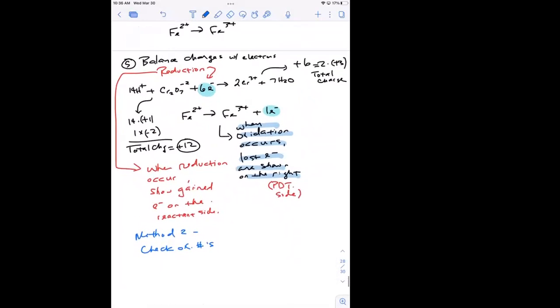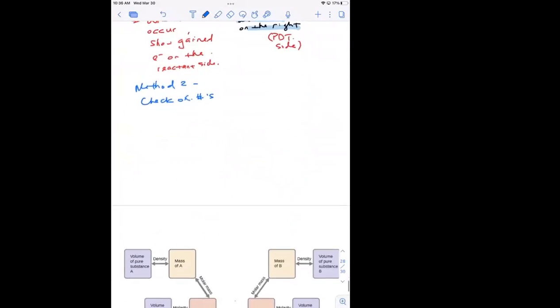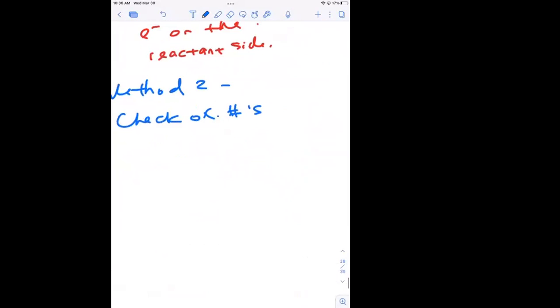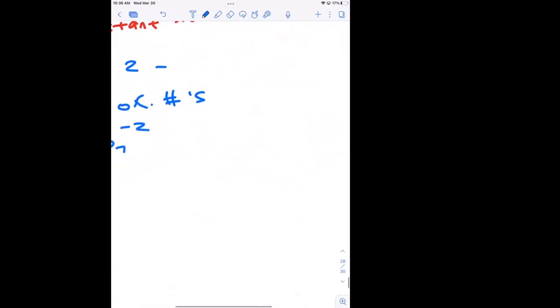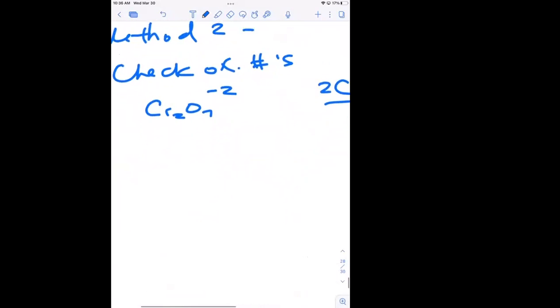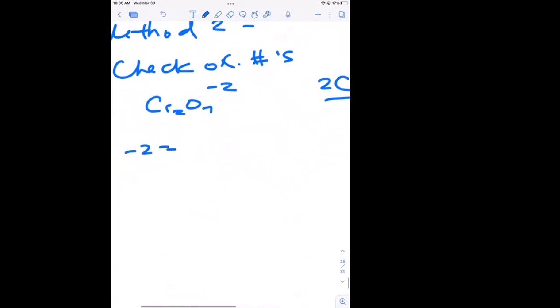But with chromium being in that polyatomic dichromate anion, that's hard to see, right? So we could actually take the chromium. We'll check it for Cr2O7 -2, and then we know what the oxidation number is. Here is 3+. We got 2 of them, right? So here we're going to set that equal to -2. That's the whole thing. And then we're going to solve for chromium. So this is going to be 2x and then plus 7 times -2, which is for oxygen.